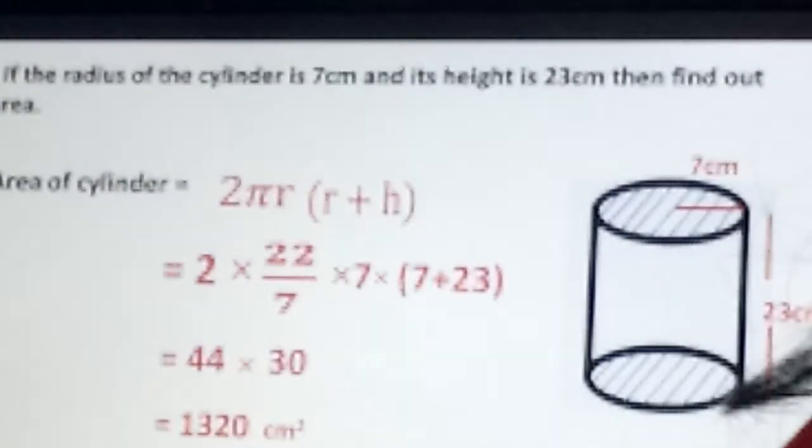Okay. So it is very interesting. Whenever you have a box in your home in the shape of a cylinder, you can immediately find out how much paper you need to paste on it, and how much material has been used to make that box. Right or wrong? Right? Okay.